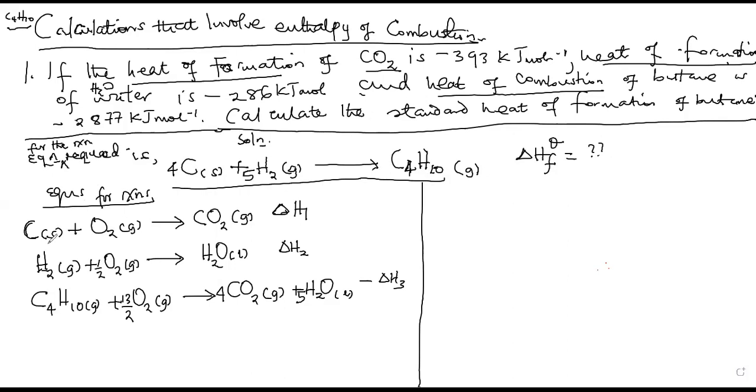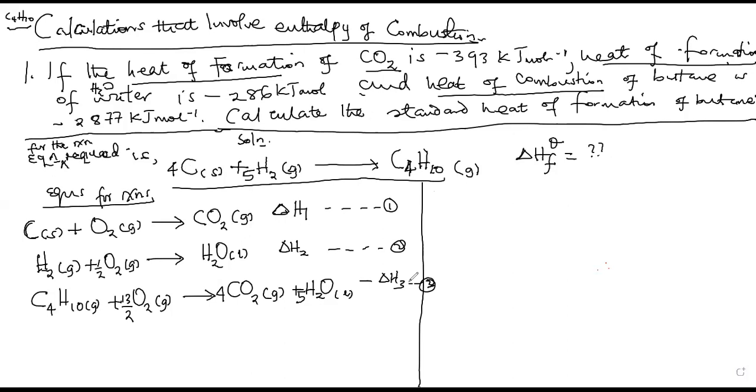That is what you should know. You check the equation required, you compare it with the equations for the reactions that you want. Since I have 4 carbons, to make them 4 carbons, we have to multiply equation 1 by 4. Let me call this one equation 1, this one equation 2, and this one equation 3.